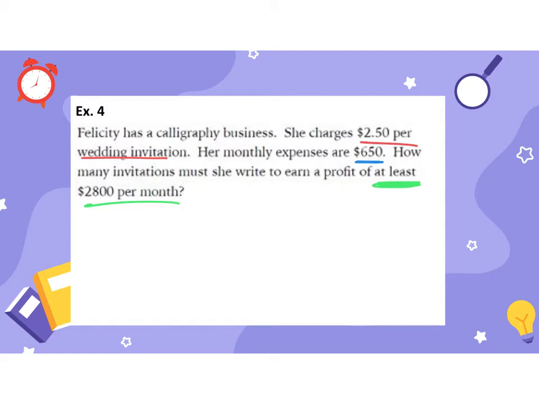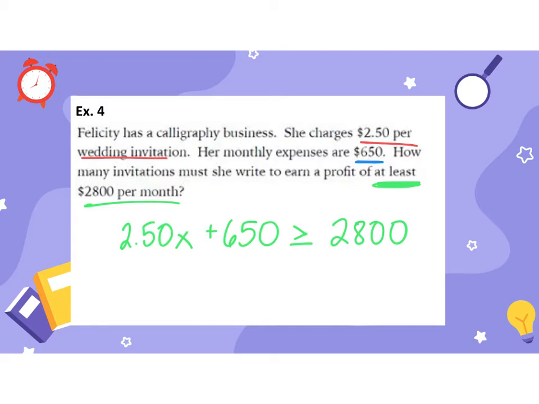Okay. Anybody got a good estimate on how to set this one up? Yep. So you'll take 250, and that'll be your x. 250x plus 650 greater than or equal to 2850. Raise your hand if you agree. Anybody get anything different? What'd you get? Doesn't he want to profit 2,800?